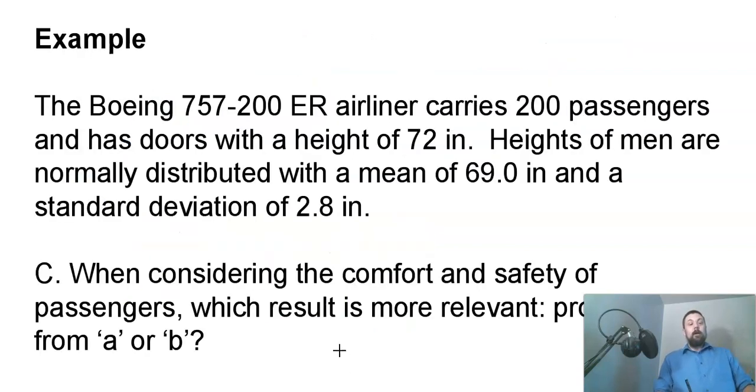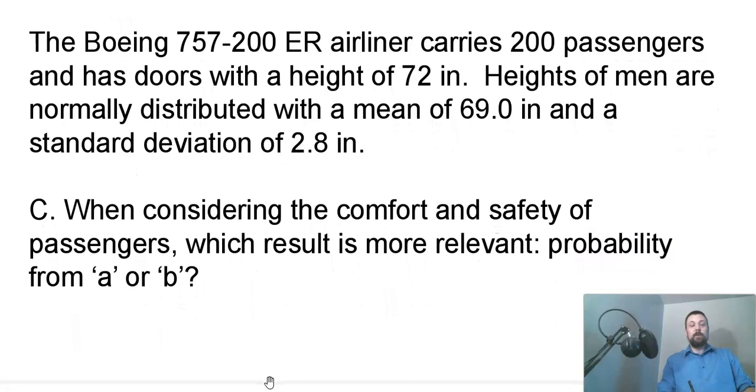All right. When considering the comfort and safety of passengers, which result is more relevant? The probability from part A or from part B? As a business, an airline would think they want their customers to be comfortable, but the way they squeeze everybody in there as close as possible, maybe that's not as much of a factor as we would like.